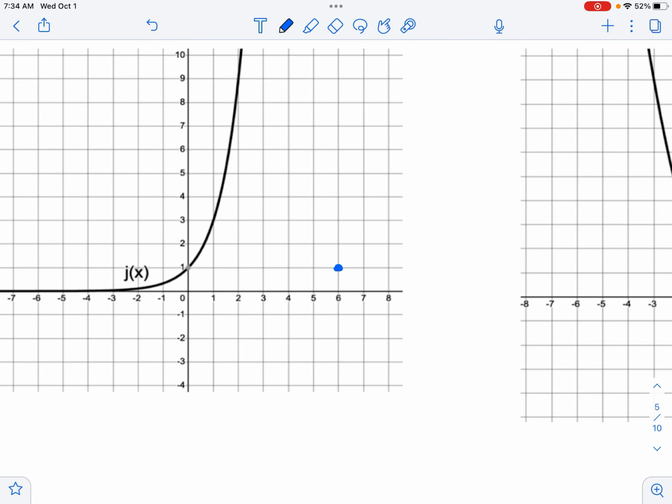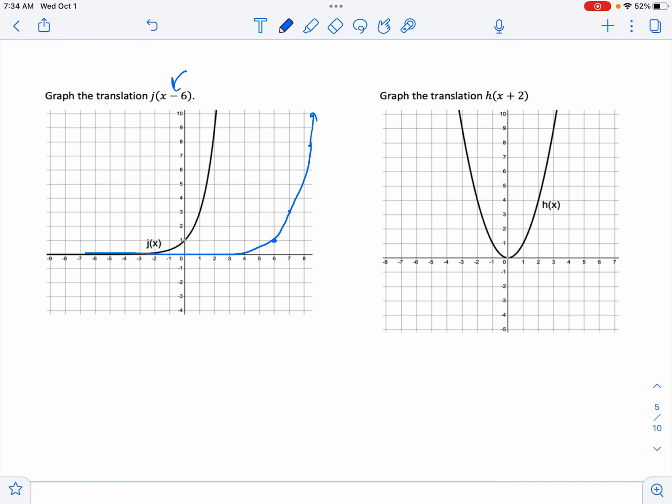And that's kind of an important point. It looks like here would be another one. So something like that. It's been moved to the right.